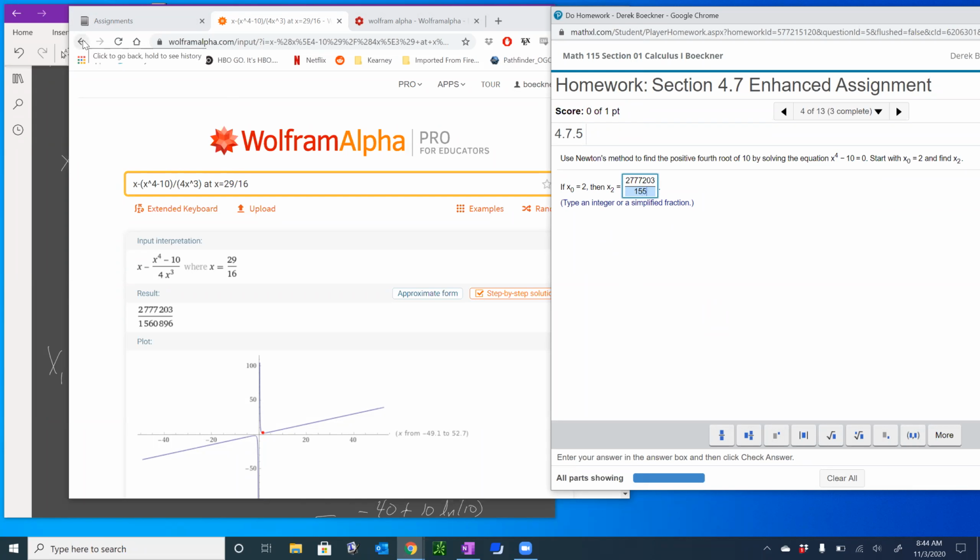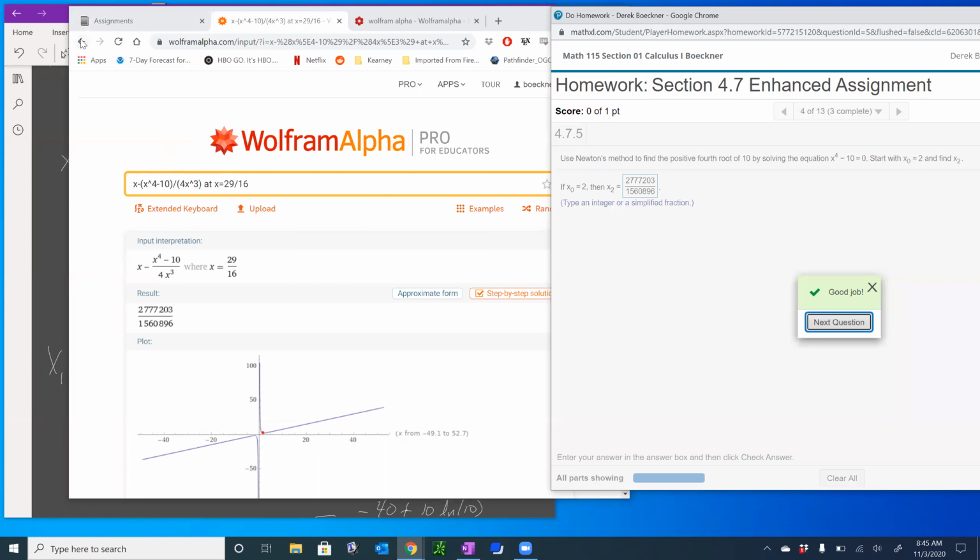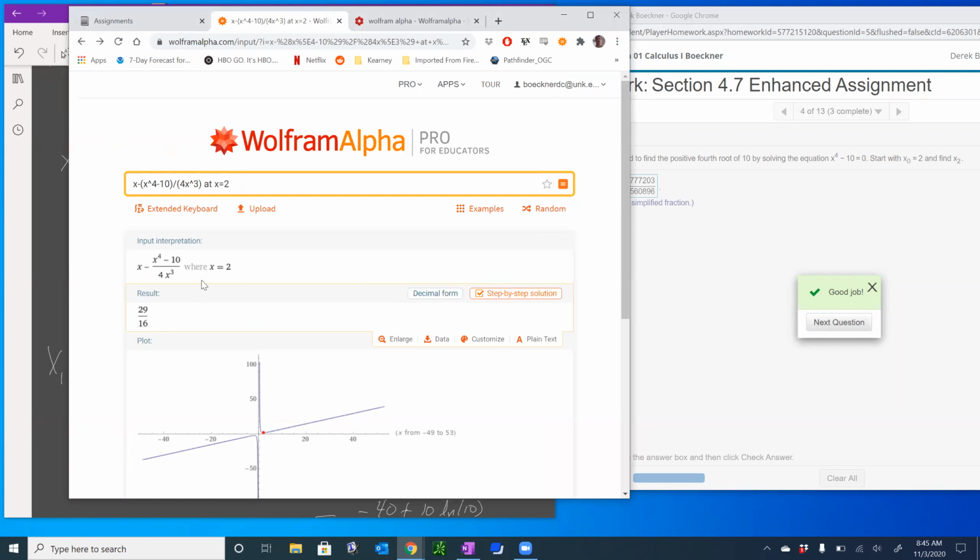Let me finish typing this in and then I'll show. Okay. Because when I put in x equals 2, it says 29.